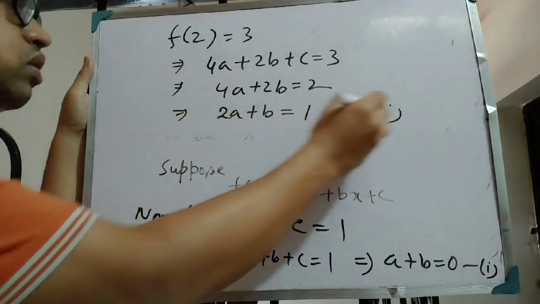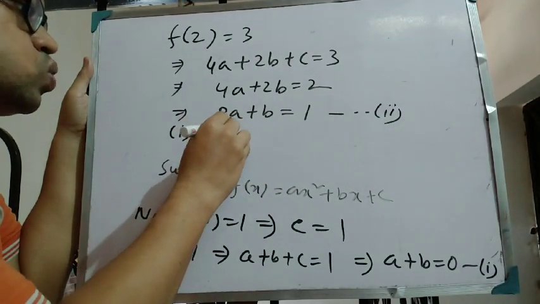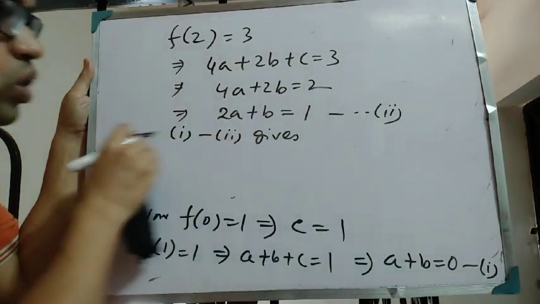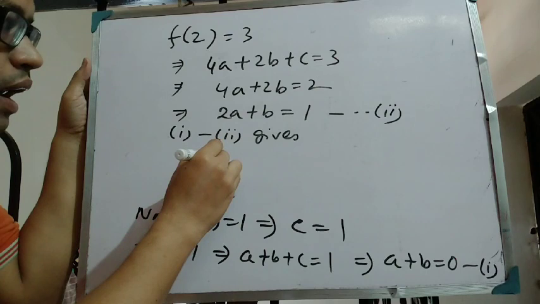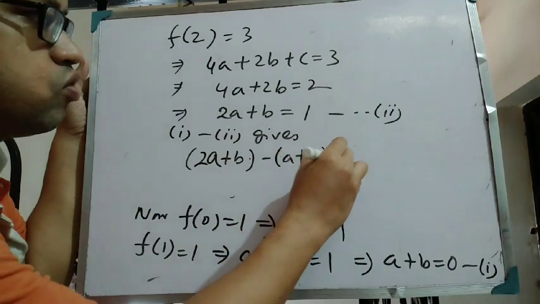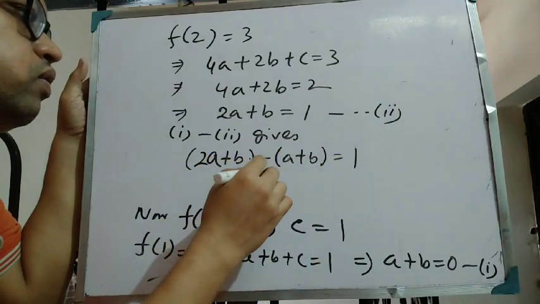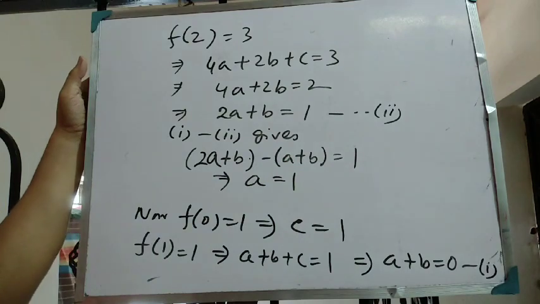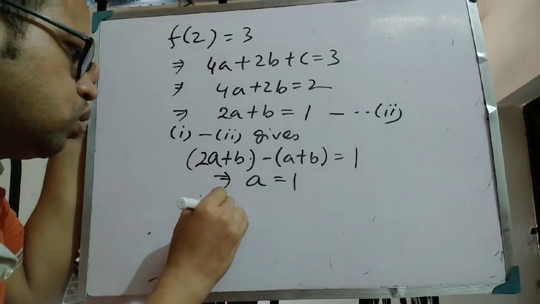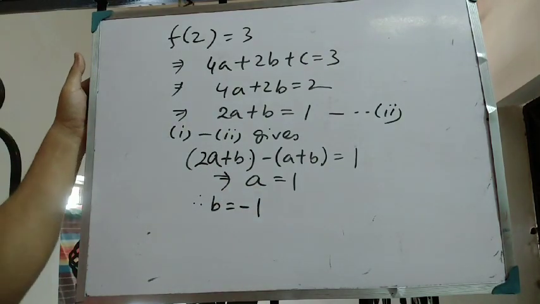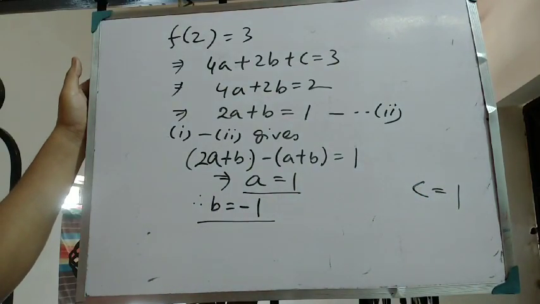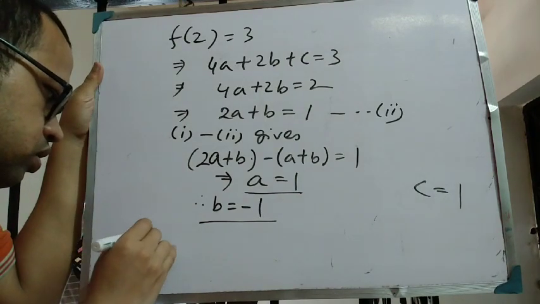So now equation 2 minus 1 gives 2a plus b minus a plus b as 1. So from here you will get a equals 1. Since a is equal to 1, b must be equal to -1, so you have identified the values of a, b and c.